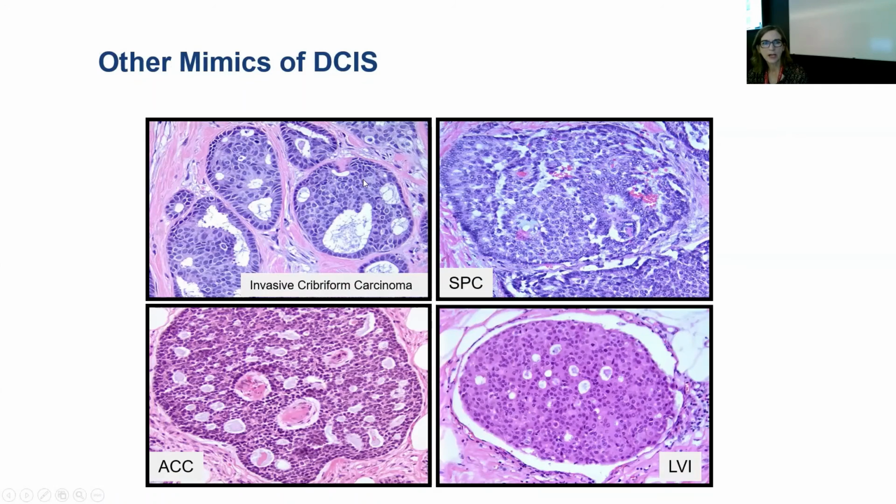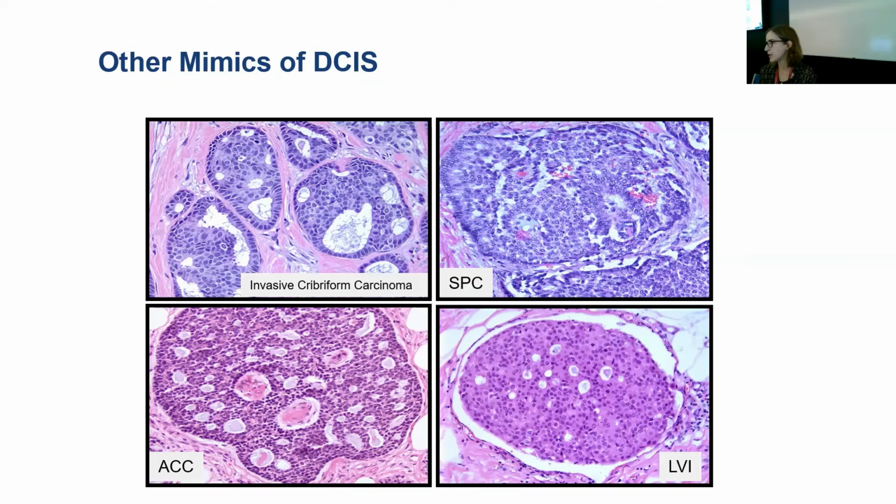Other mimics of DCIS: invasive cribriform carcinoma can be a mimic, solid papillary carcinoma, adenoid cystic carcinoma, and LVI. These all have these rounded, nested growth patterns. Invasive cribriform carcinoma has more irregularness and infiltrative growth pattern. That's what you should rely on.